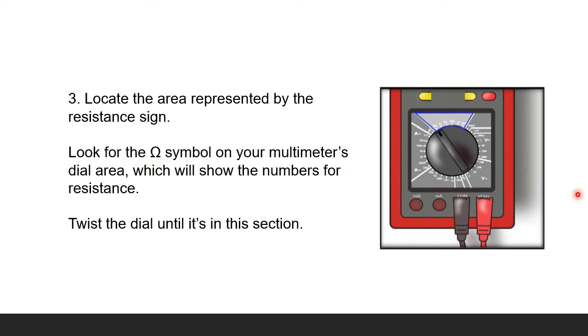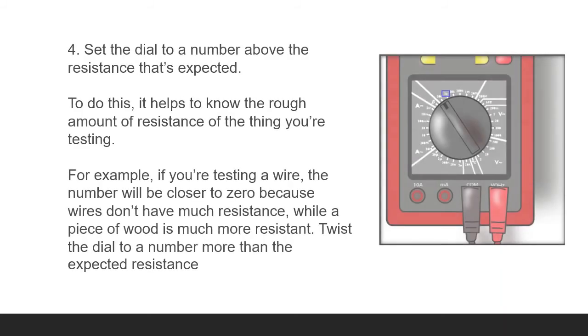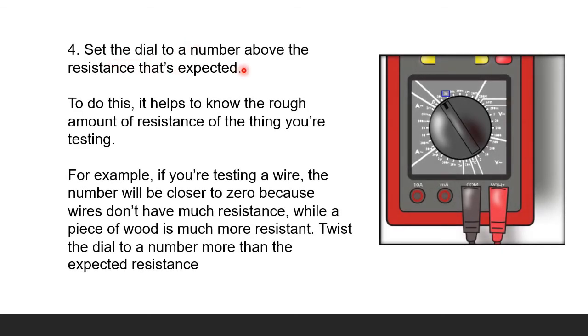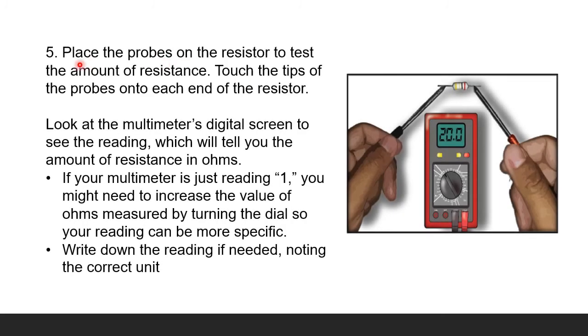Fourth, set the dial to a number above the resistance that's expected. Fifth, place the probes on the resistor to test the amount of resistance. Attach the tips of the probes into each end of the resistor. This one is the resistor. We have here the probes.